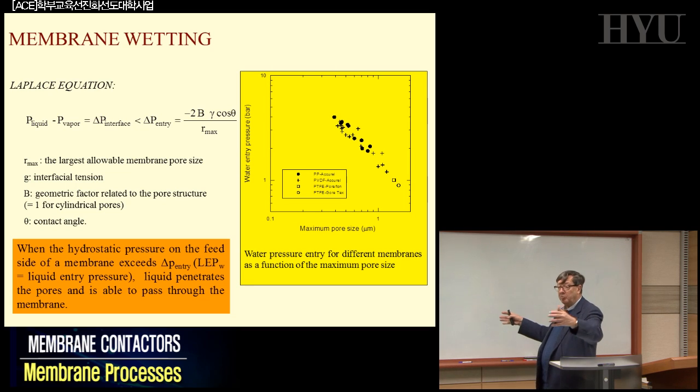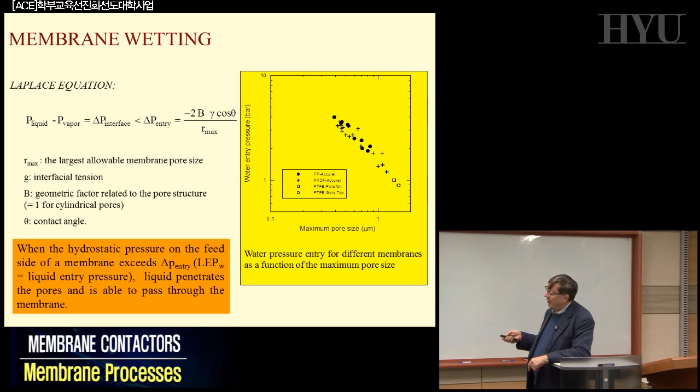If the pore is too big, this difference, the penetration pressure, becomes very, very small, as shown here. That means any few millimeters of water pressure will move liquid in, and that is decreasing the possibility to utilize it in membrane distillation.